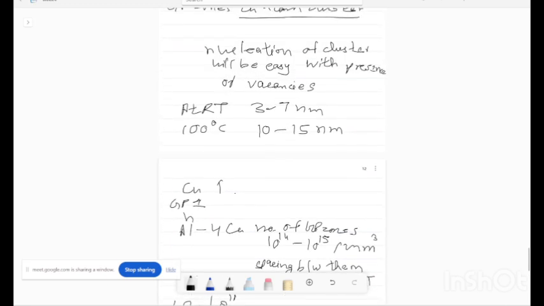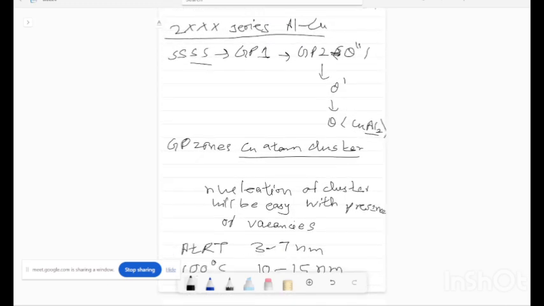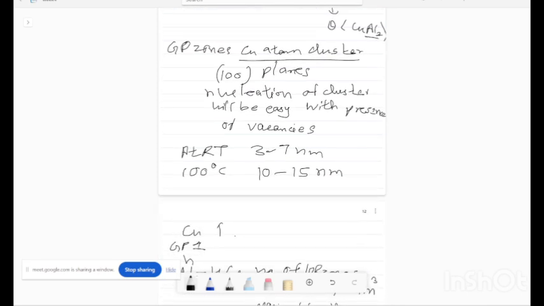One more thing, in aluminum copper alloy, the plane of nucleation of clusters is the 100 plane. Meaning the 100 plane is preferable for clustering of copper atoms in the aluminum copper system.